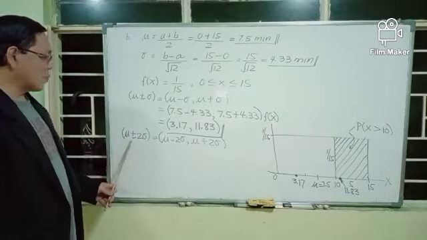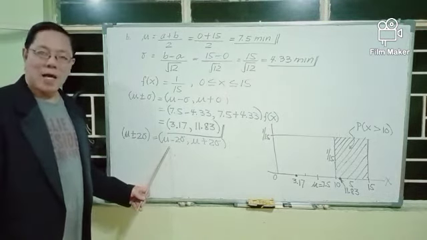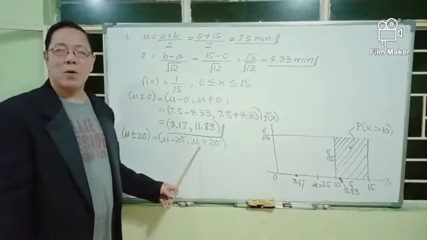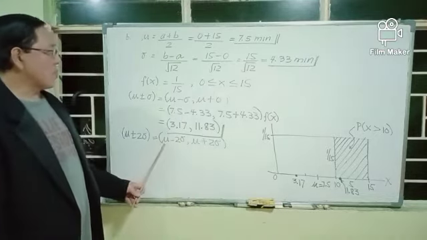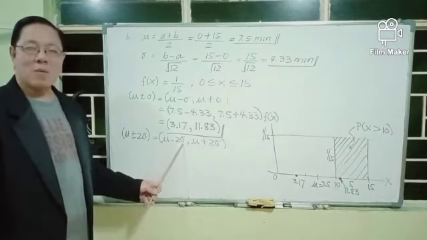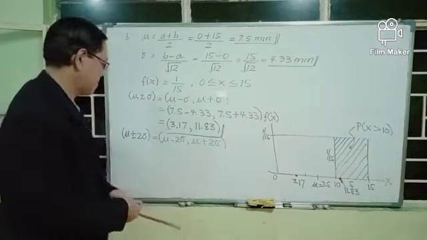The interval mu plus or minus 2 sigma has a lower endpoint of mu minus 2 sigma and an upper endpoint of mu plus 2 sigma. We substitute the mean mu equals 7.5 and the standard deviation sigma equals 4.33.